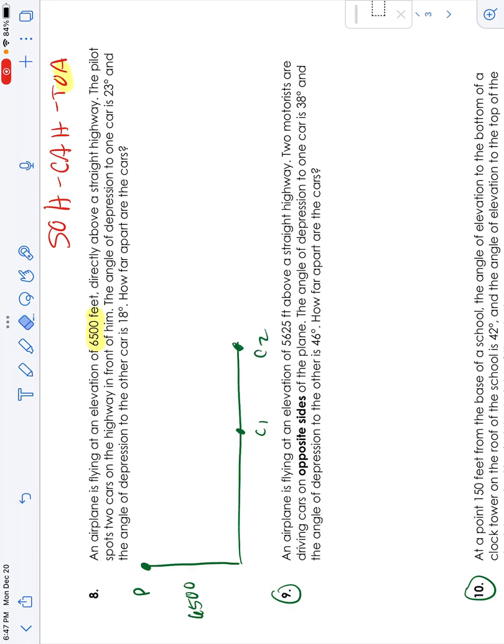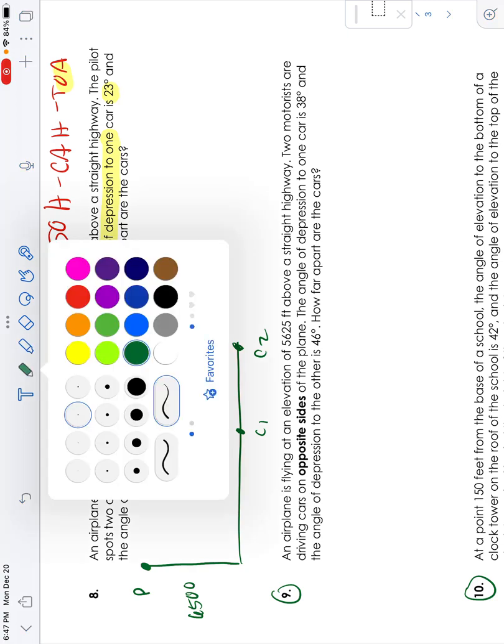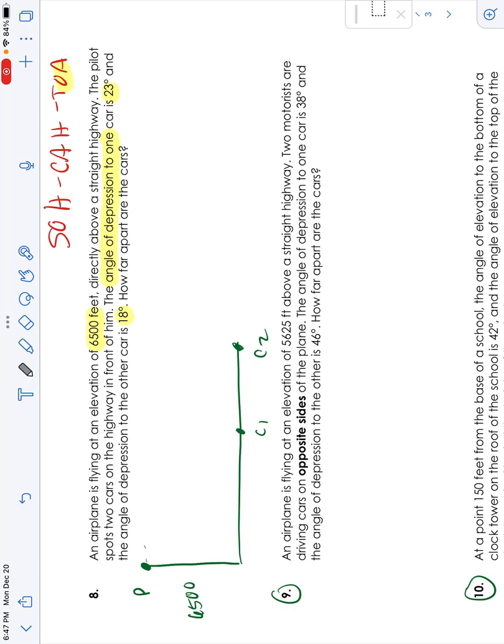And it says 1 is at an angle of depression, and some of us are still struggling with that, of 23, and the angle of depression for the other is 18. So in both cases, angle of depression is always measured off of this horizon. So it's saying how far do you have to look down? So to get to this first car, you have to look down 23 degrees.